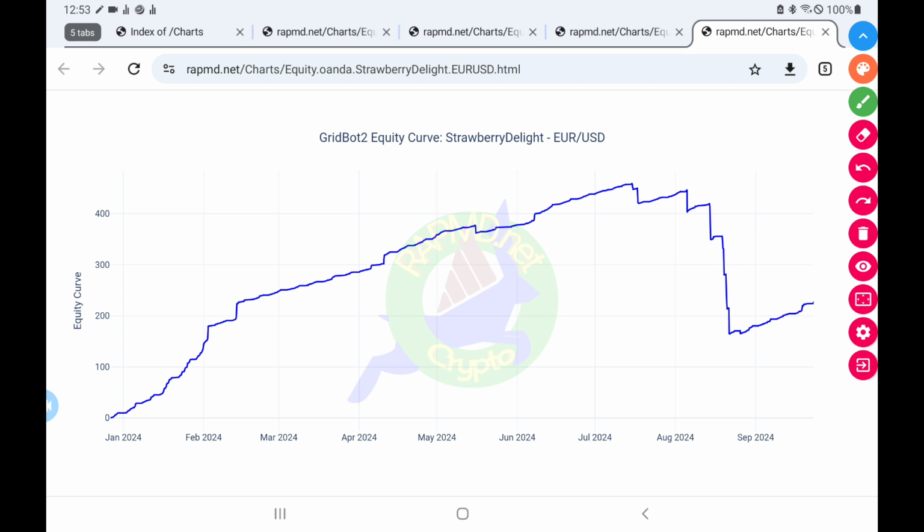How aggressive do you want to be? If you want to be just a tiny bit aggressive, as Strawberry Delight is, it can still work out well.